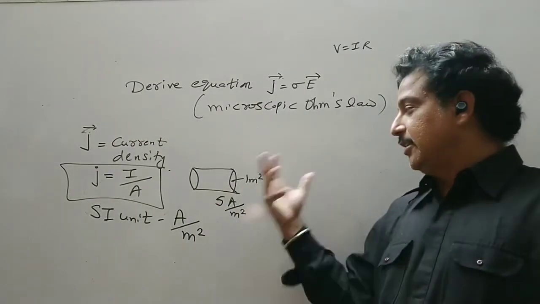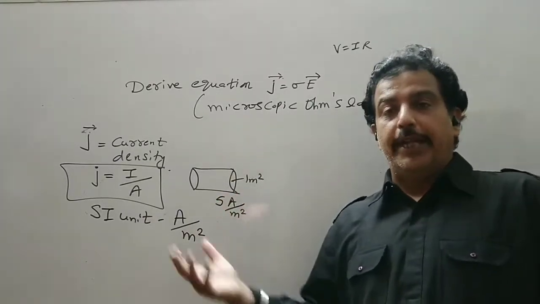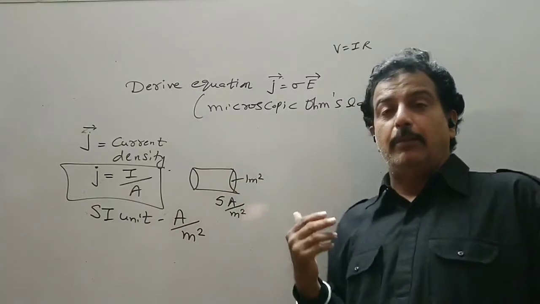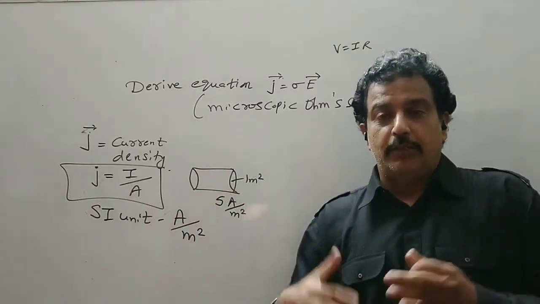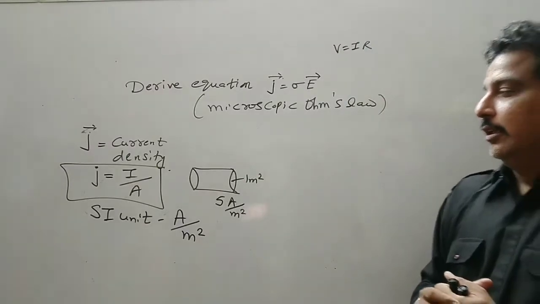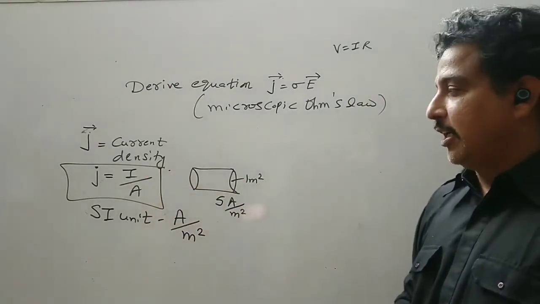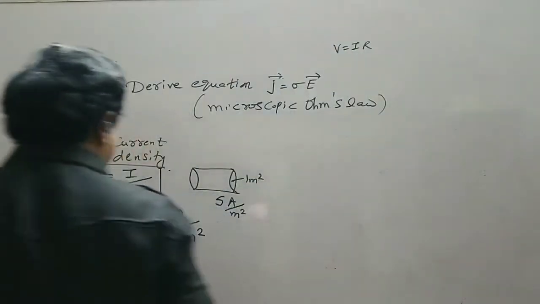Now if I increase the cross sectional area, the current will also increase, because more and more electrons will pass through it. So current density is defined as I upon A, that is electric current per unit cross sectional area.